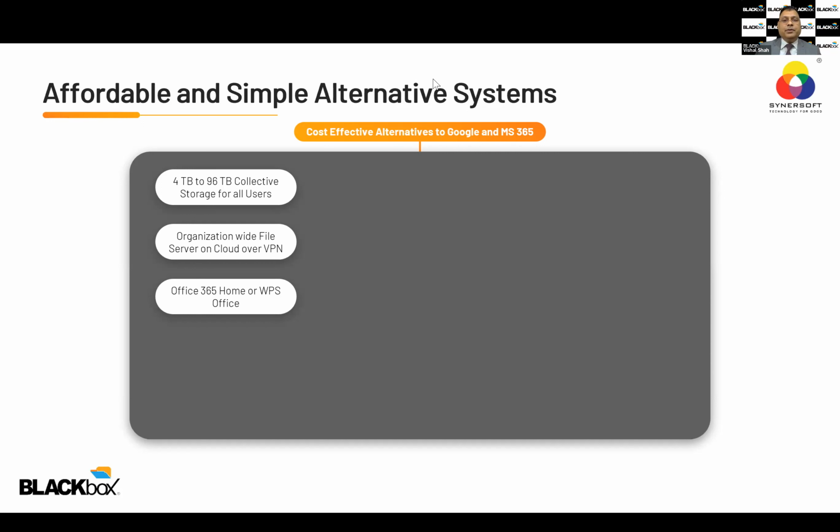In that WPS Office, you have a very good Word processor, very good Excel, and very good PowerPoint, and you can very well use that. You can interchange with MS Office files also. So we have got very good experience using WPS Office.